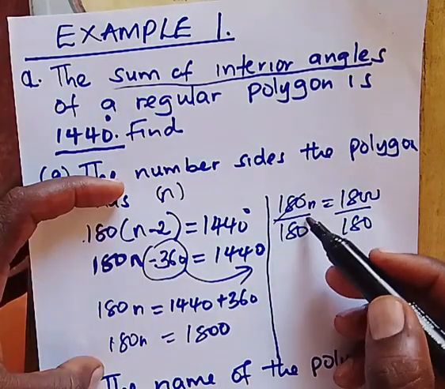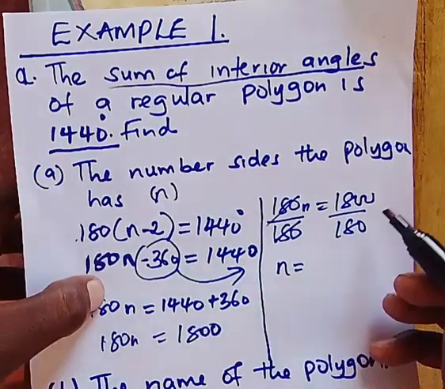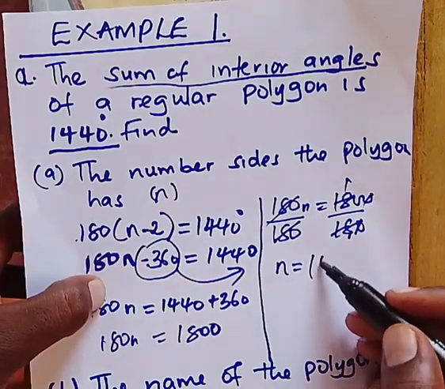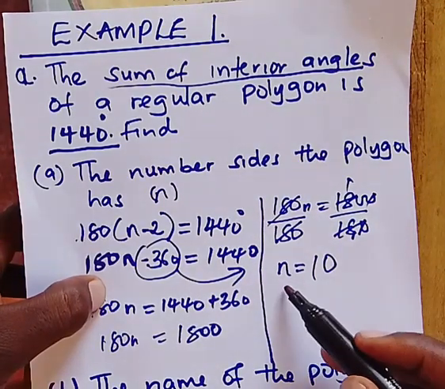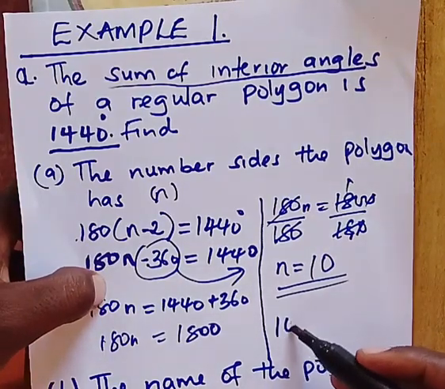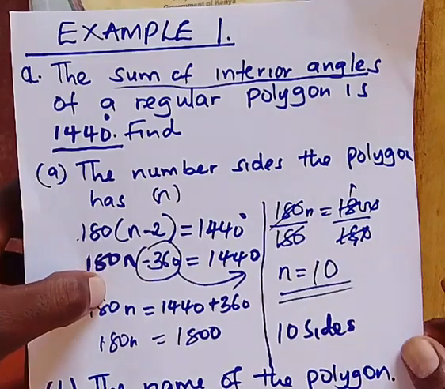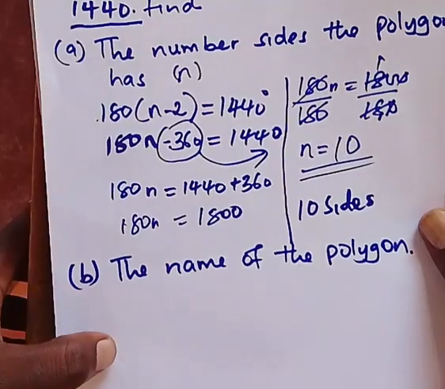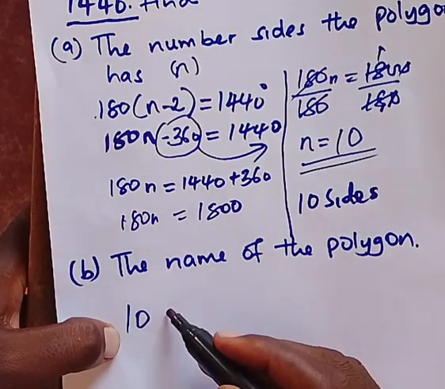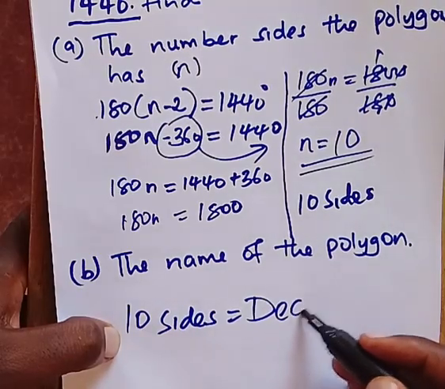So that one and that one goes, you remain with n, and this one and this one goes by 18, 1 by 18, 1. You get 10. So this polygon has 10 sides. The name of the polygon: a polygon with 10 sides is called a decagon.